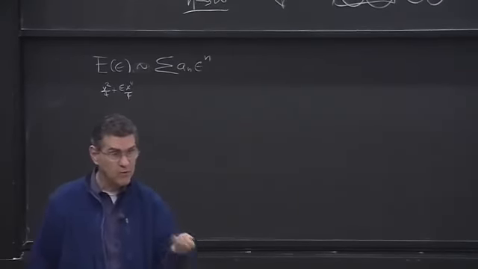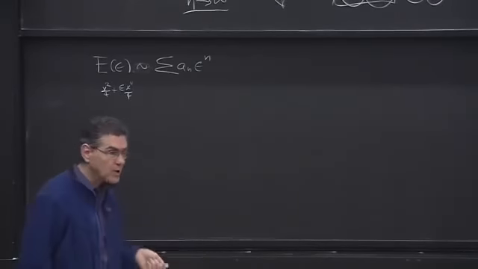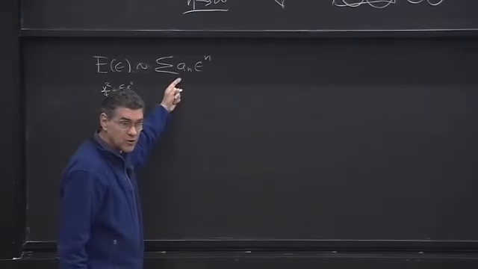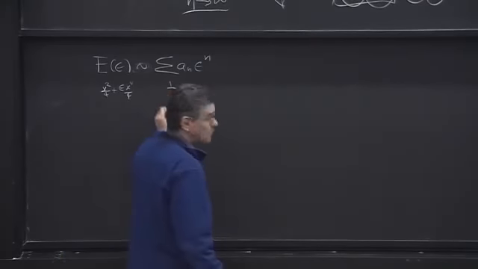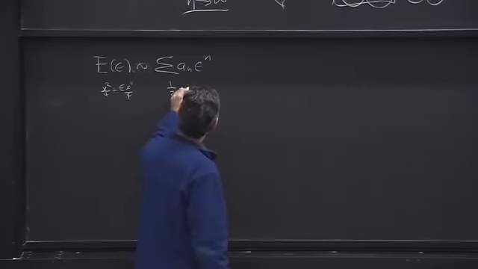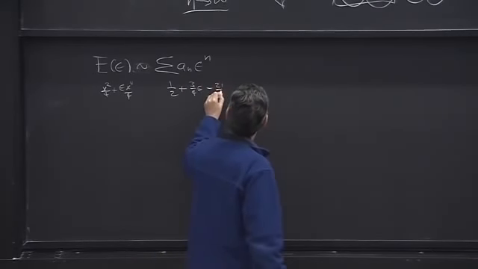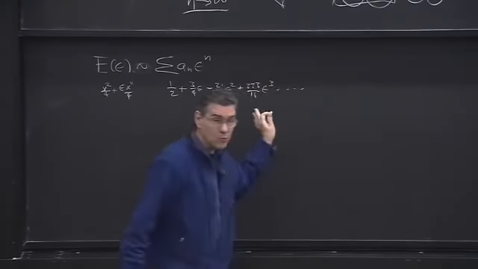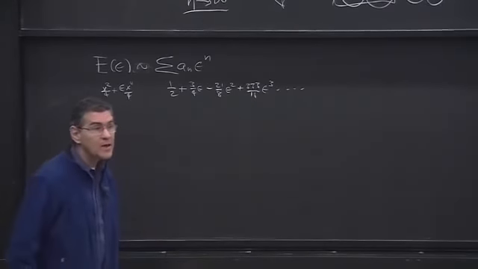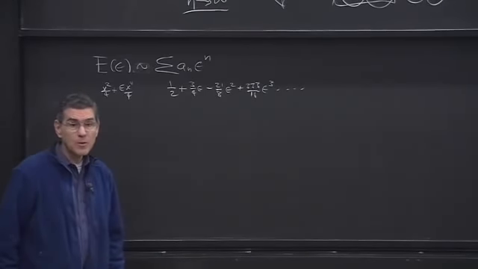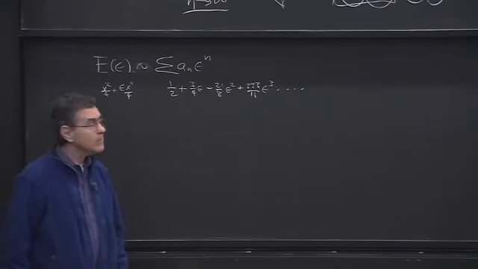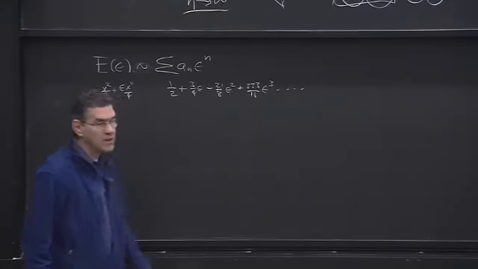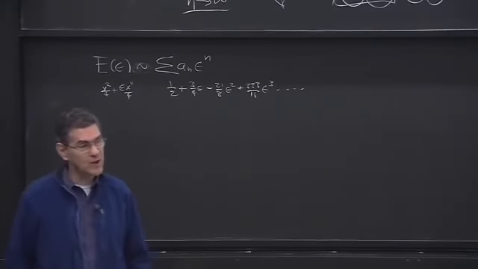You spent some time in the tutorials, and you found that the perturbation series for the ground state energy begins 1/2 plus 3/4 epsilon minus 21/8 epsilon squared plus 333/16 epsilon cubed. You saw that, and you should be a little bit upset by this, because this is obviously not a Stieltjes series. Why is that?